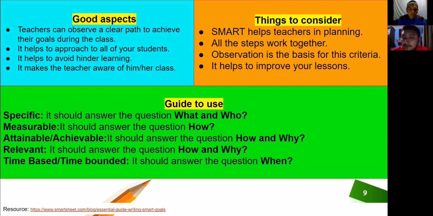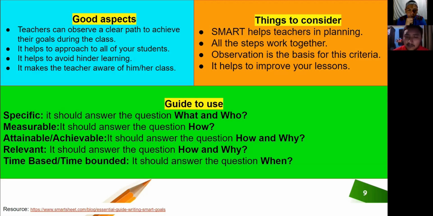Relevant. It should answer the question how and why. In this stage of relevant, we want the students to have some meaningful knowledge based on what we're teaching. It can be from different things, from a simple grammar point or a vocabulary. We want them to have a meaningful experience with this knowledge, and you should try to put it in that way in order for them to achieve it at some point in your class.